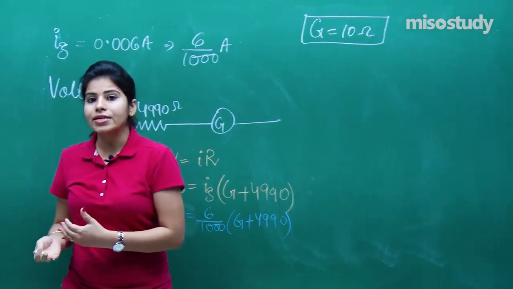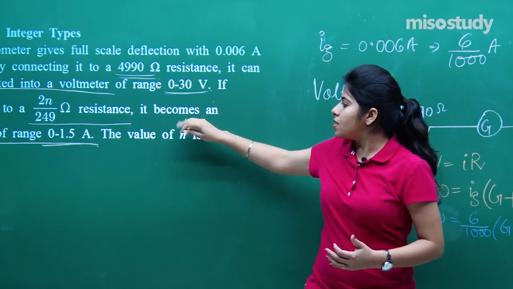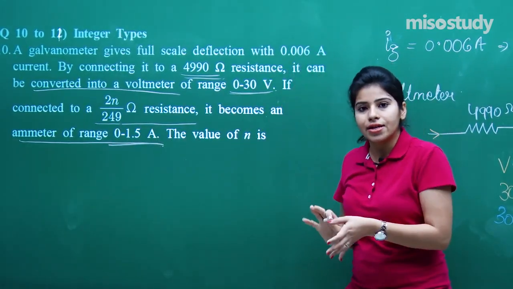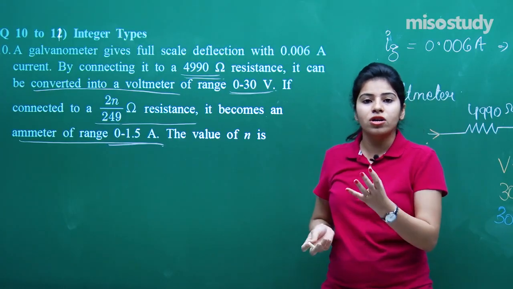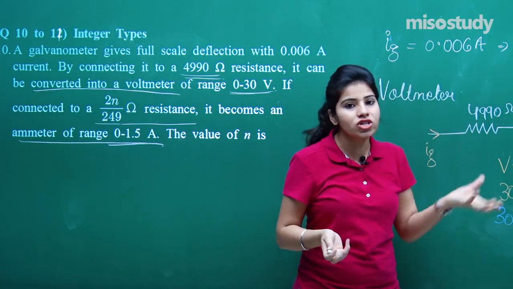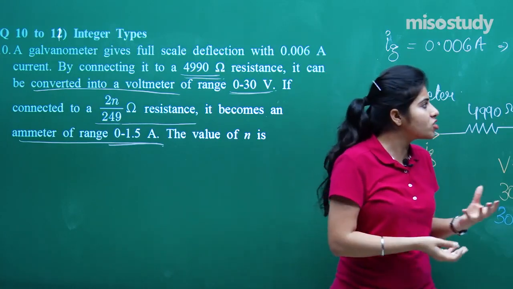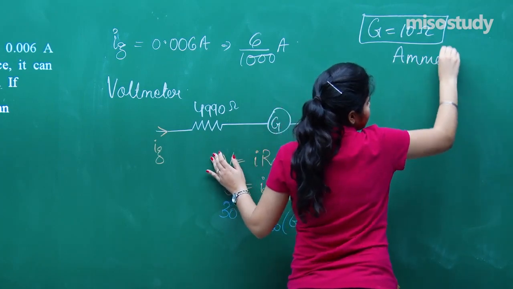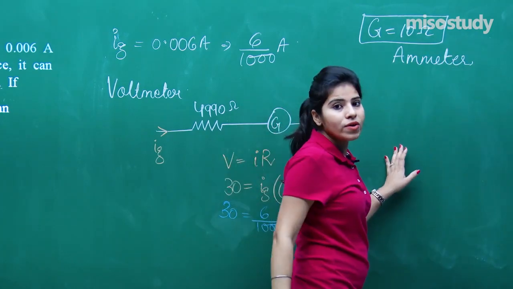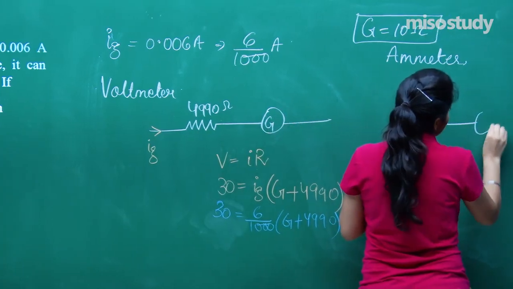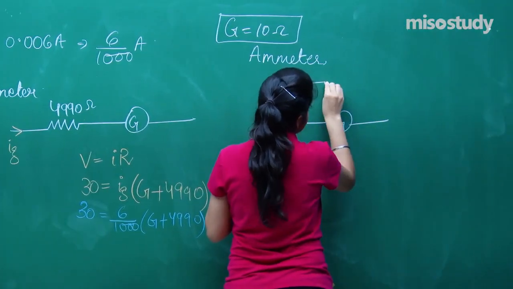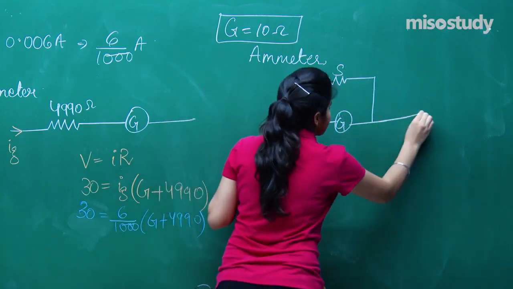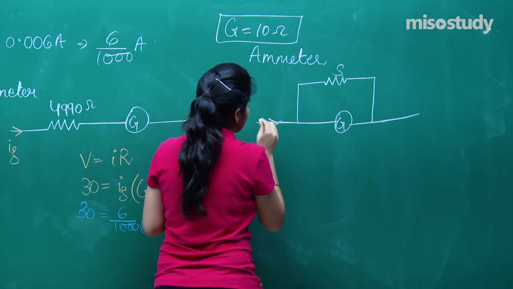Now for another condition, when this resistor is connected, they are not telling us in which position it is connected. But we know that for an ammeter, a small shunt resistance will be connected in parallel with the galvanometer. This is the shunt resistance, connected in parallel with the galvanometer.